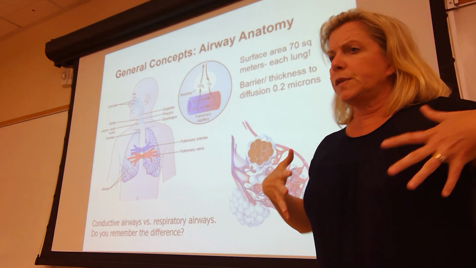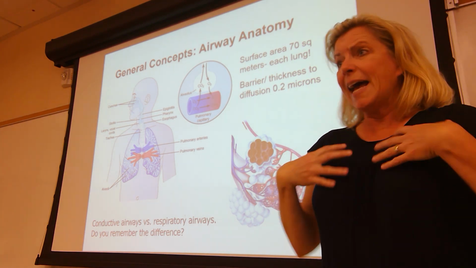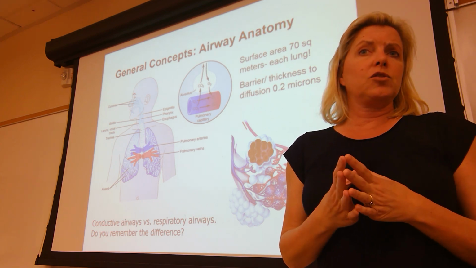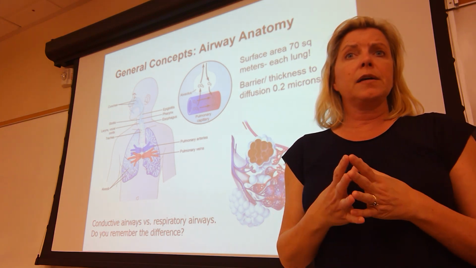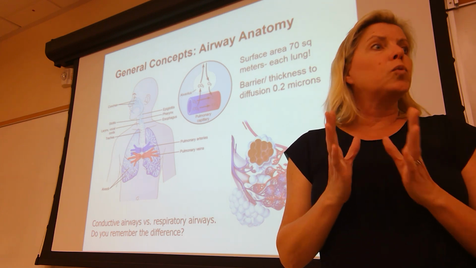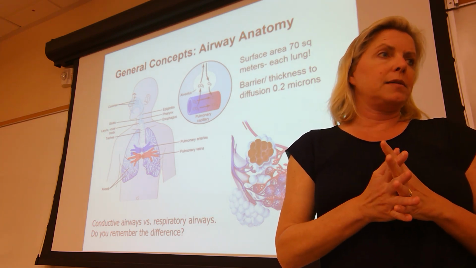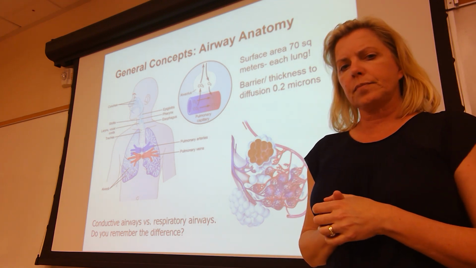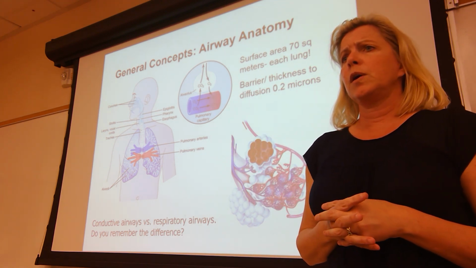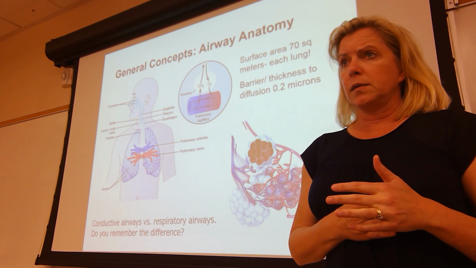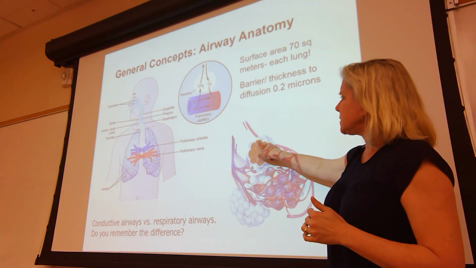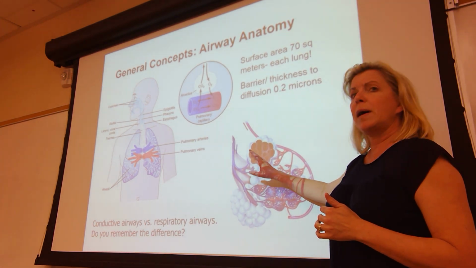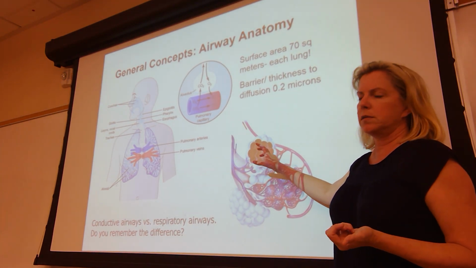But you have a surface area of a tennis court in this tiny little space. That means under normal healthy conditions, that surface area is enough to allow for rapid diffusion of your gases. CO2 coming out, oxygen going in. We also need to review your respiratory membrane. Your respiratory membrane consists of the simple epithelium of the alveoli. You have about 1 million alveoli in each lung.